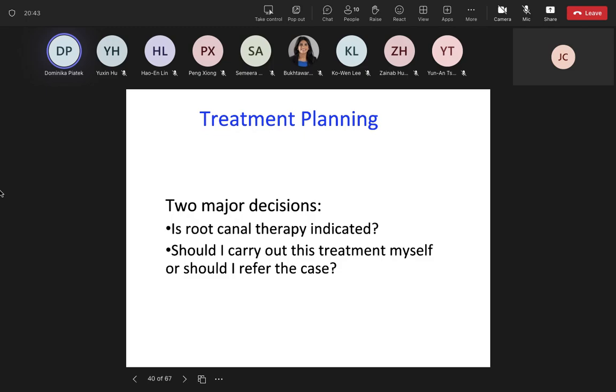For the treatment planning, we have to make two major decisions. Is root canal therapy indicated, or should I carry out this treatment myself, or should I refer the case to someone else, maybe someone more experienced?